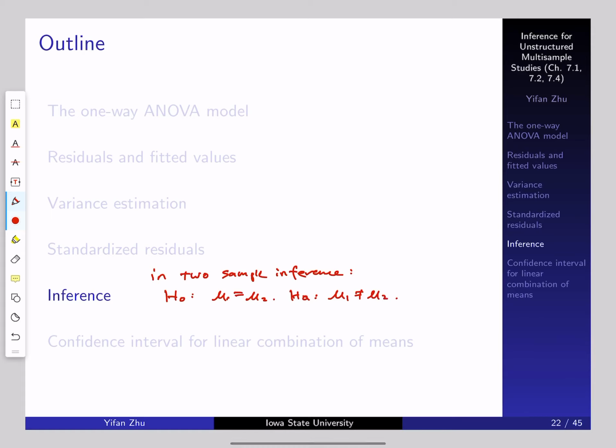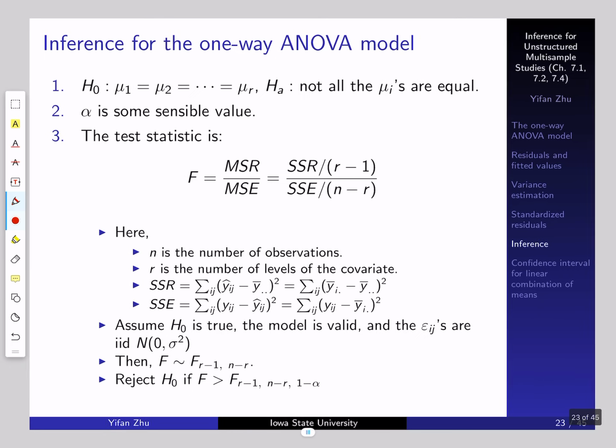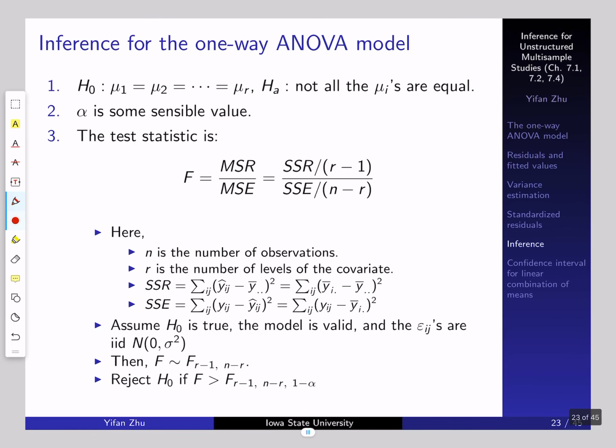So we are interested in whether the two means for these two populations are the same. And in the one-way ANOVA model, we are also particularly interested in this hypothesis test: whether all the means for all the levels, so there are r levels or r groups, whether all means mu1 to mu_r are all the same, or the opposite: not all of them are the same, at least two of them are different.